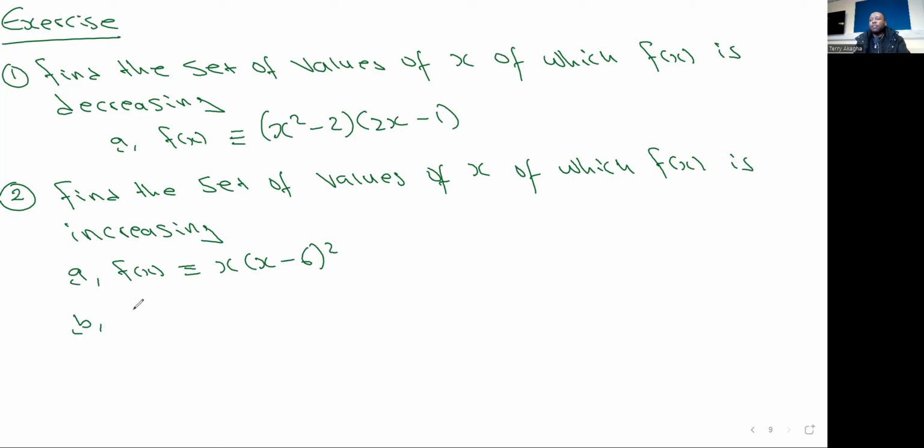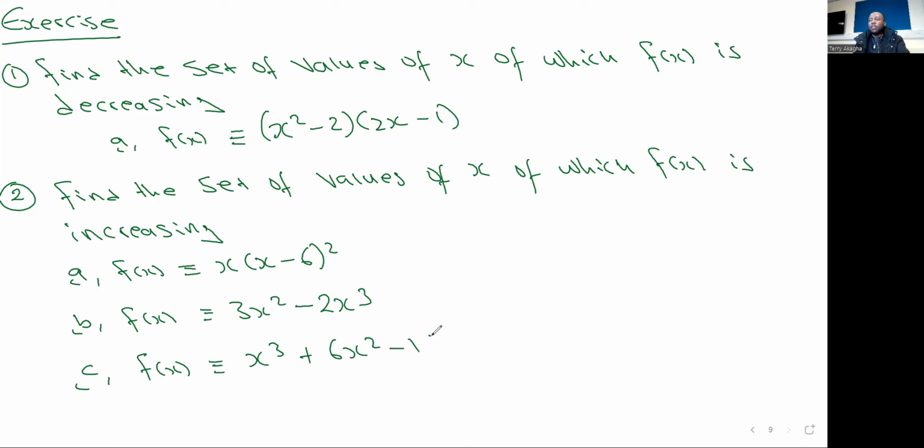B, we have f of x, we have 3x squared minus 2x cubed. And C, we have f of x, we have x cubed plus 6x squared minus 15x, let's say maybe plus 8. Okay, something like this.